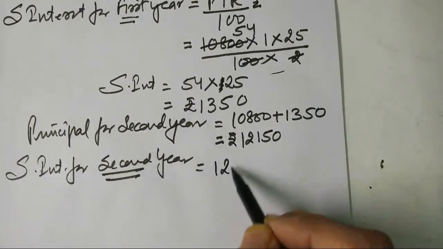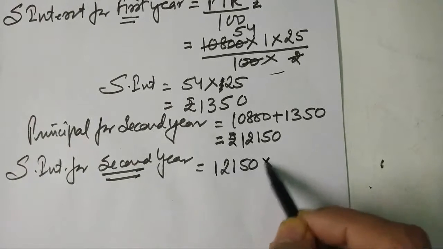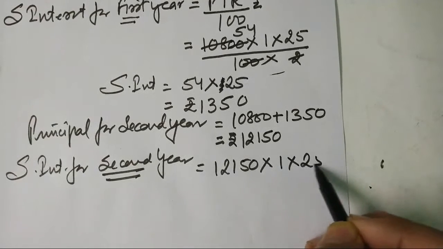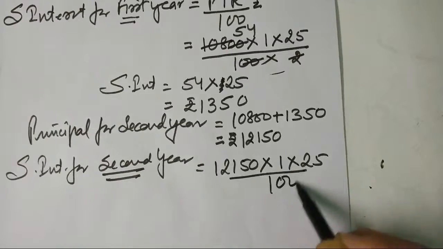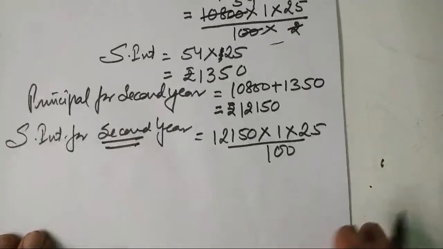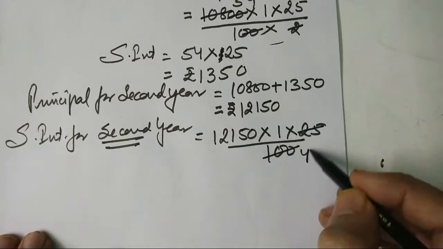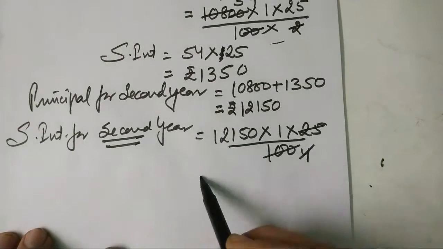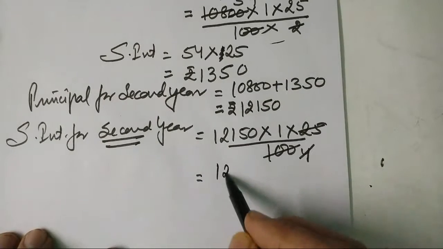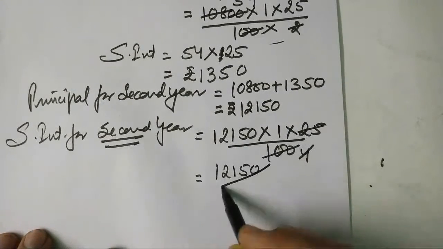So I will put this value, 25 upon 100. Now when I simplify, it divides. So it is now 12150 divided by 4.